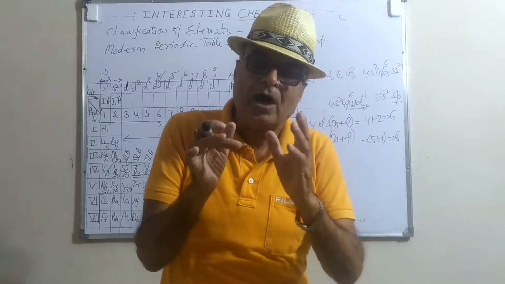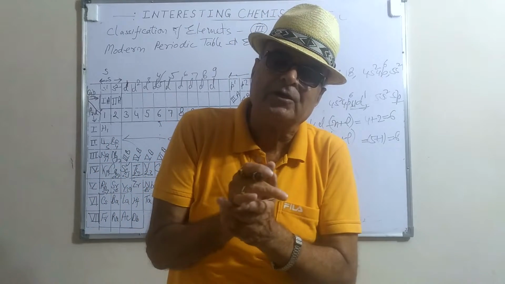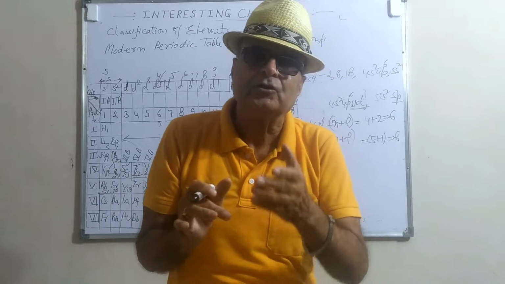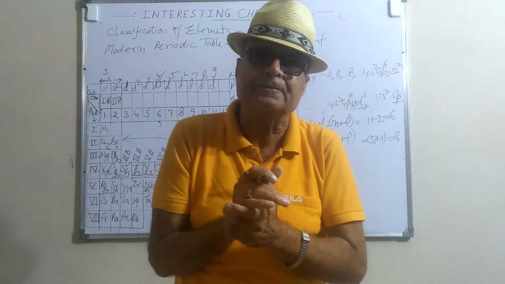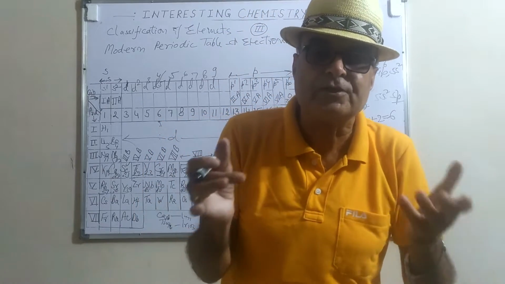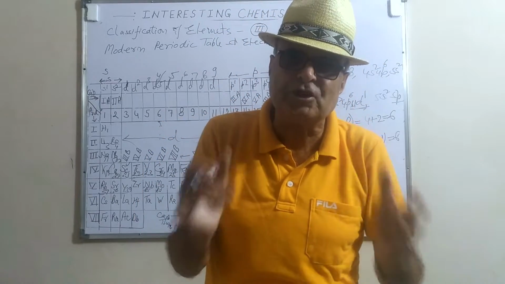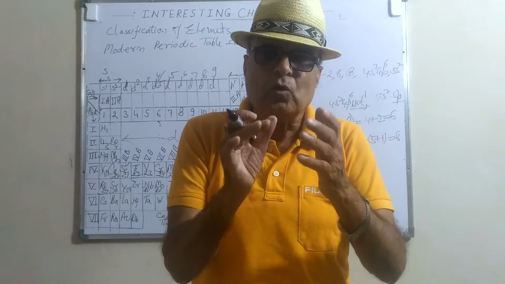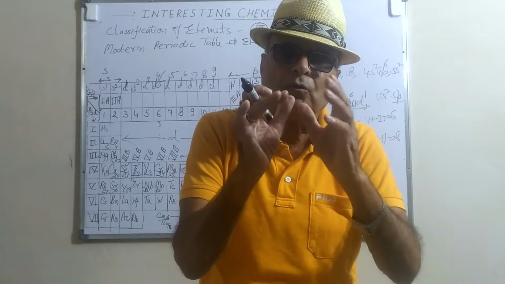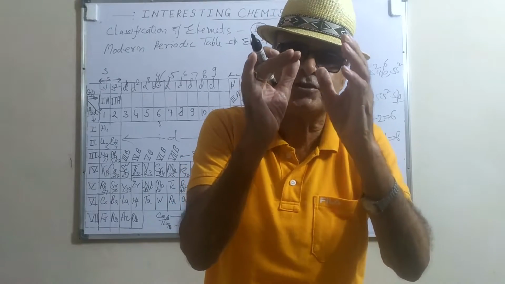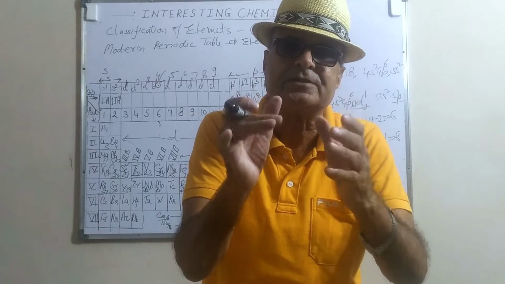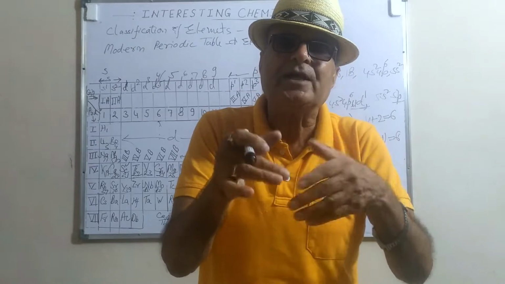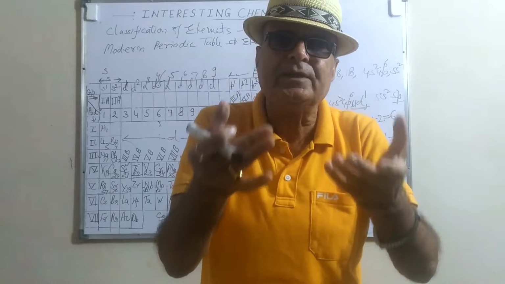Then you will apply the second part of the n plus l rule. The second part says, if two or more orbitals have the same n plus l value, it means they are equal in energy.